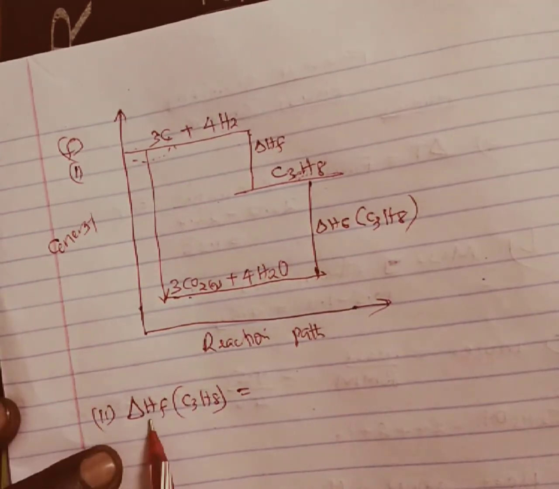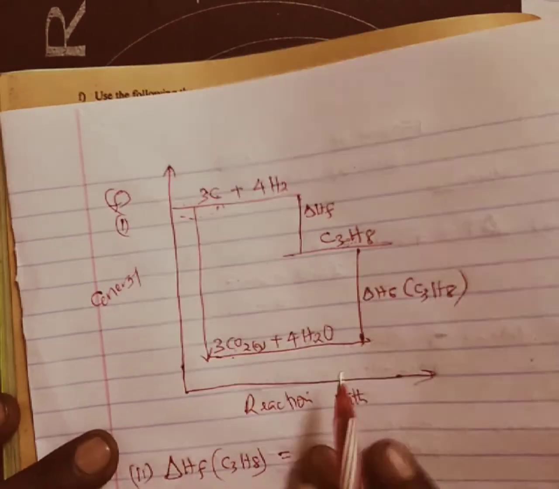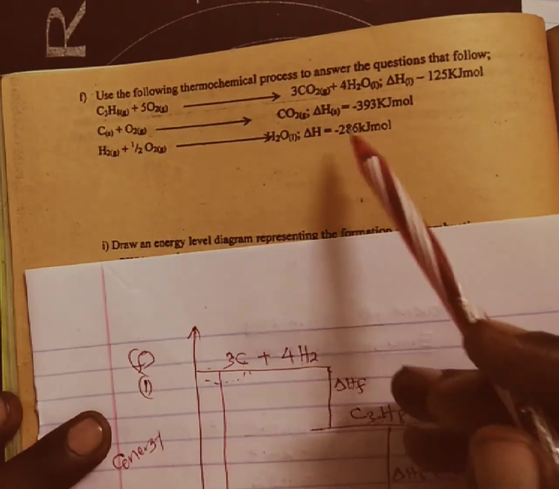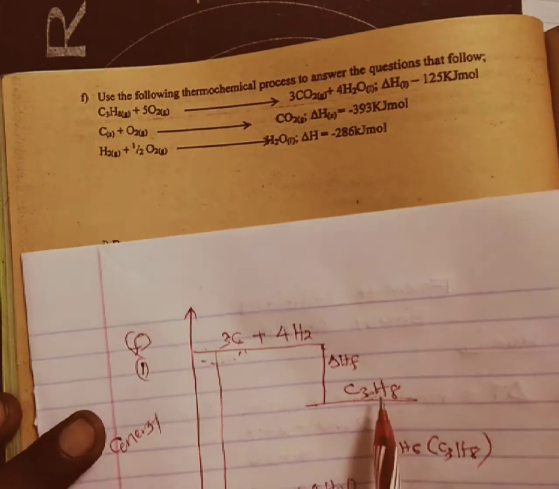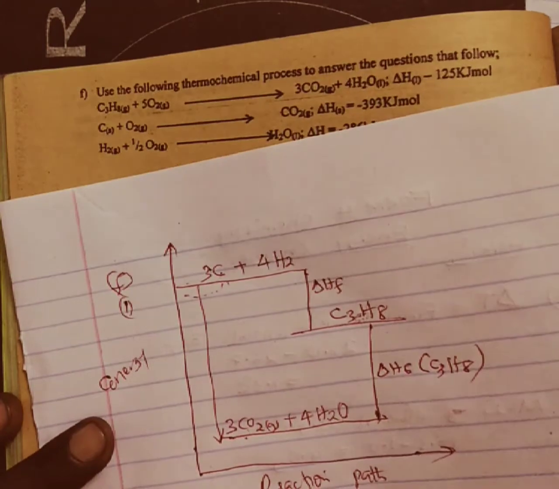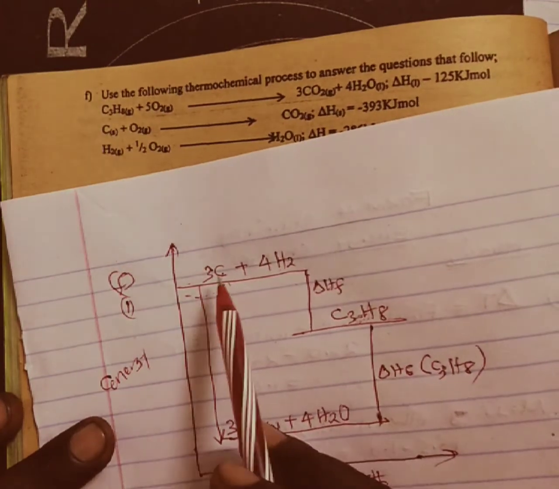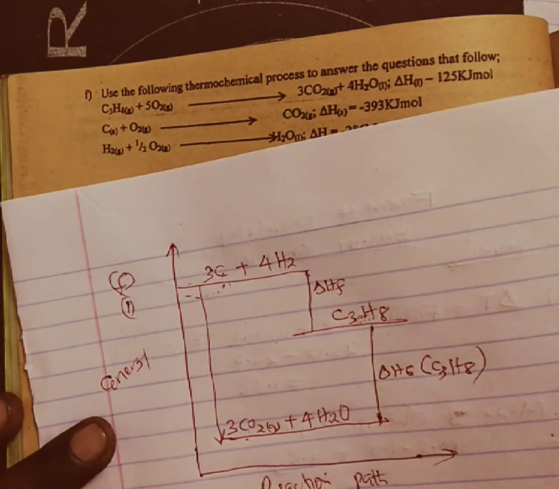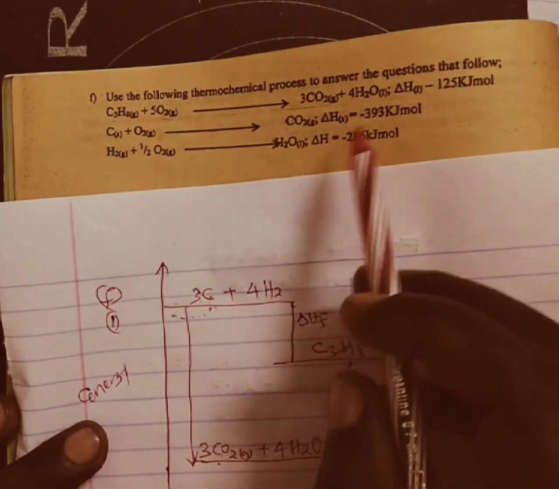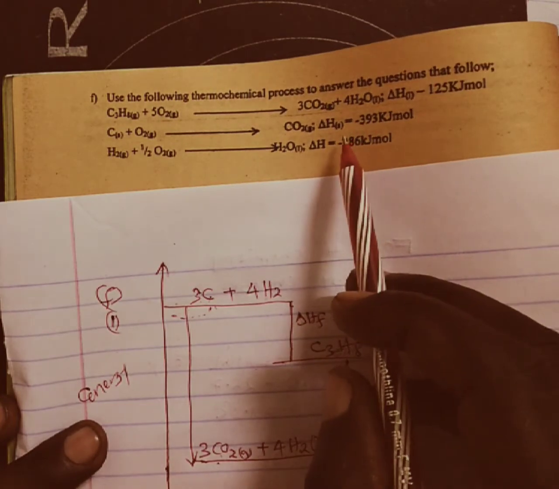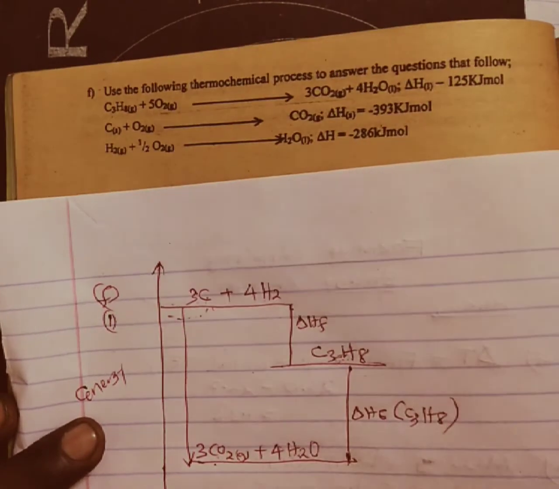In this case, the enthalpy heat change of combustion of 1 mole of carbon gives out negative 393 kilojoules, but we are burning 3 moles, so we multiply by 3, plus 1 mole of hydrogen gives us negative 286, but we burned 4 of them.